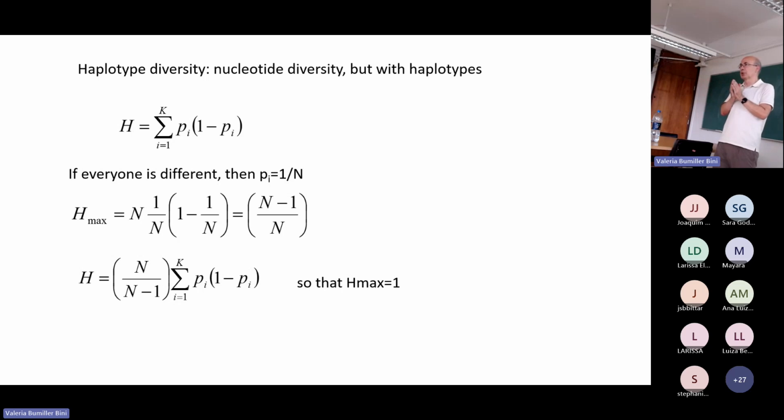Now we are sure that, if we have the maximum possible haplotype diversity when everyone is different, then with this little tweak, H will go from 0 to 1. If we don't add this, then it would go from 0 to N minus 1 over N. And since we may be comparing populations with different sample sizes, it would make the comparison not relevant, not even possible.